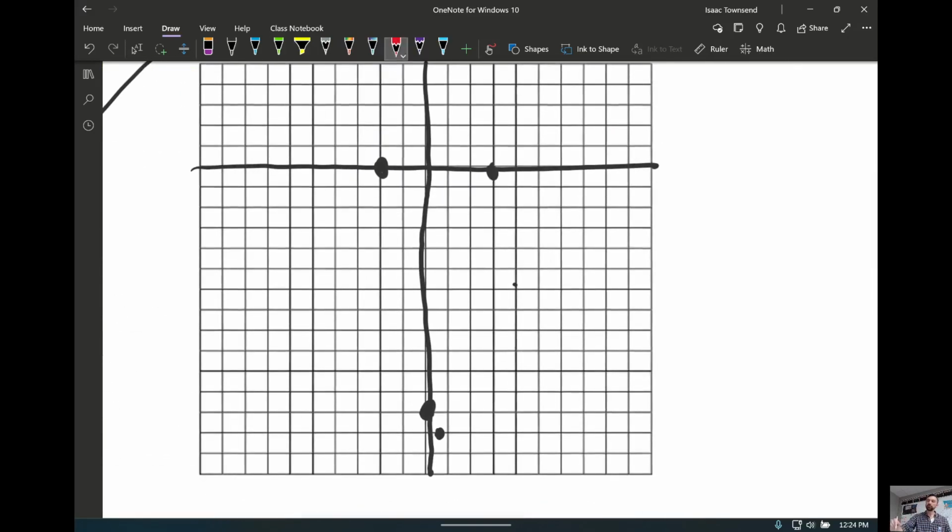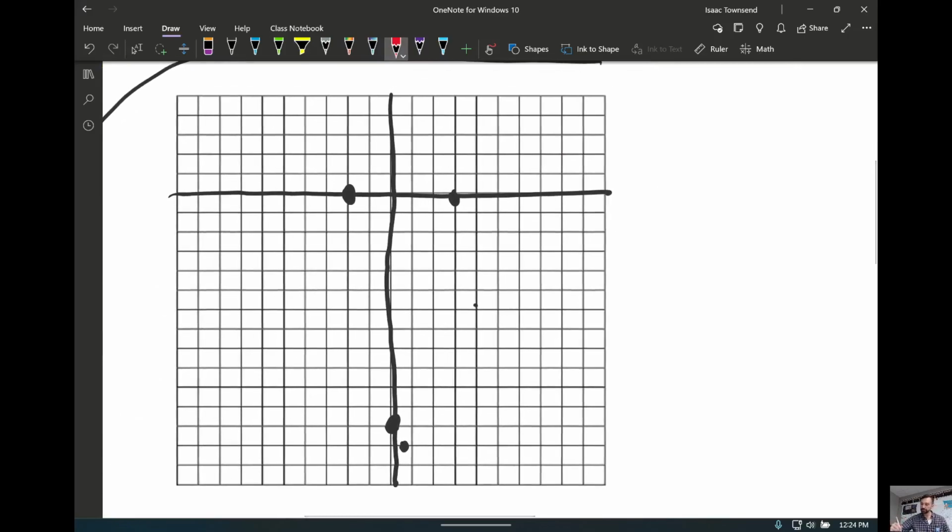You don't have to, but you could graph the line of symmetry as a dashed line. It's called the line of symmetry because it divides your graph exactly in half. So if you thought an x-intercept was here, but you thought the other x-intercept was over here, that wouldn't make sense because the line is supposed to go through the middle. It needs to be equidistant from the x-intercepts.